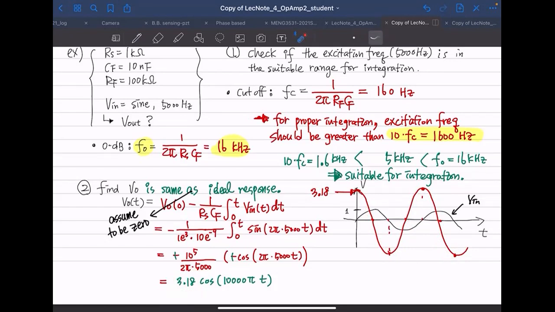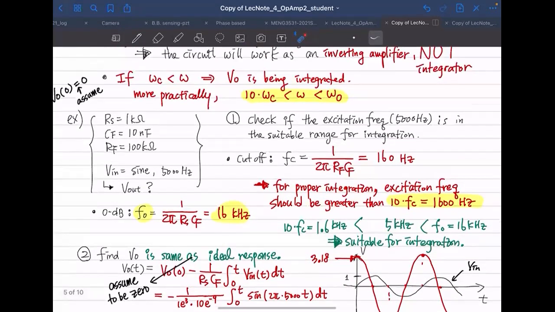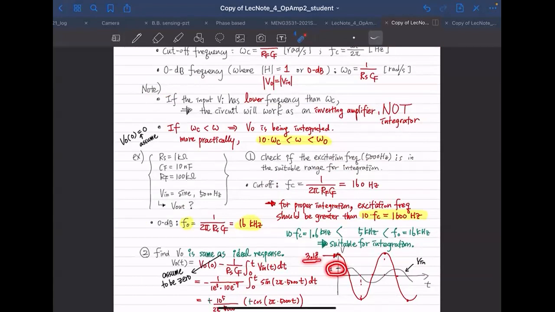So one thing we can clearly see is we had a sine going in and our output changed to a cosine. Okay, so the waveform has changed, sine to a cosine, right? That's what we kind of expect. And look at the amplitude. Because it is within the suitable range, your amplitude is greater than your input amplitude.